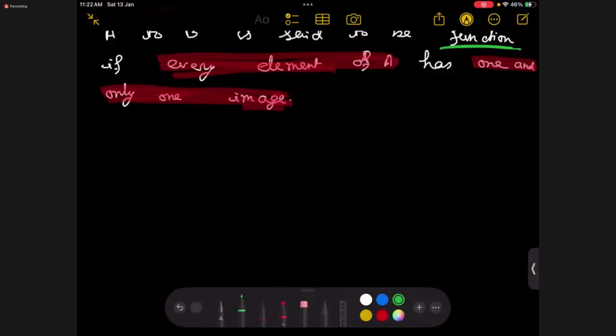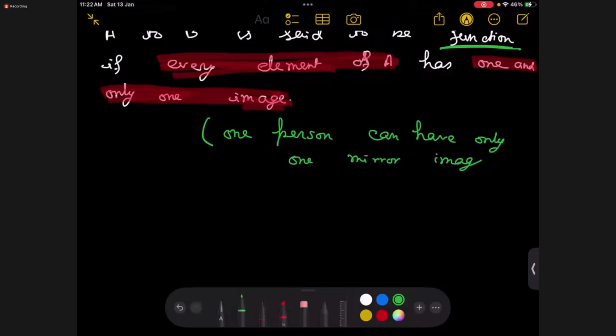So in general, we can recall the definition of function. One person can have only one mirror image. If I look in a mirror, I look the same as I can see myself in another mirror. A person can have only one image.